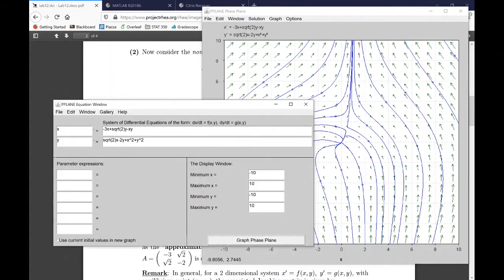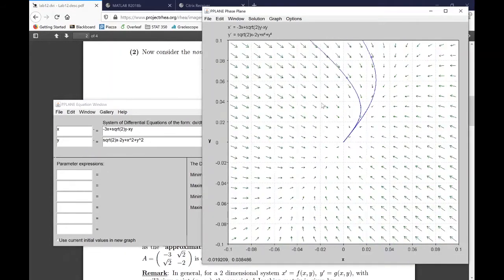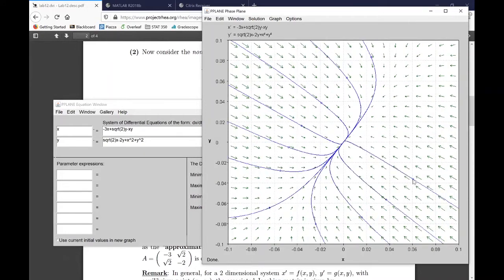But if we change our bounds to 0.1 instead of 10, we will find that this system actually behaves very similarly to our linear system.